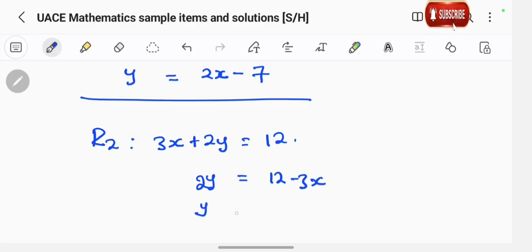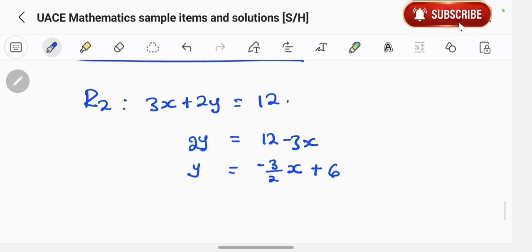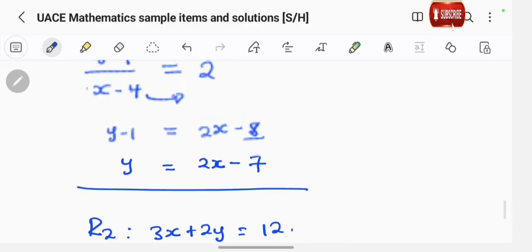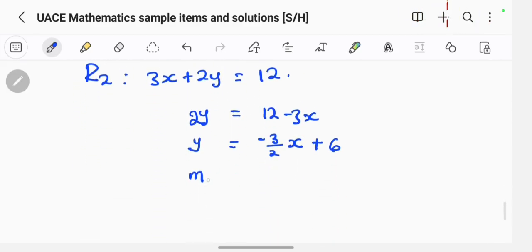It's going to be y equal to negative 3 divided by 2 x. 12 divided by 2, you end up with 6 there. So the gradient here, I will say this gradient is my m1, negative 3 out of 2.